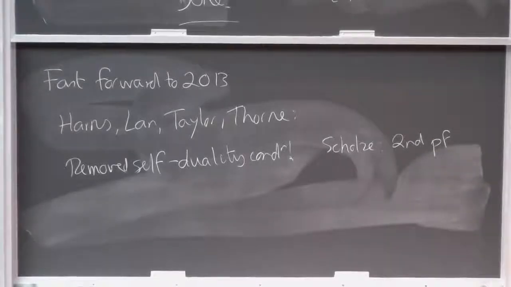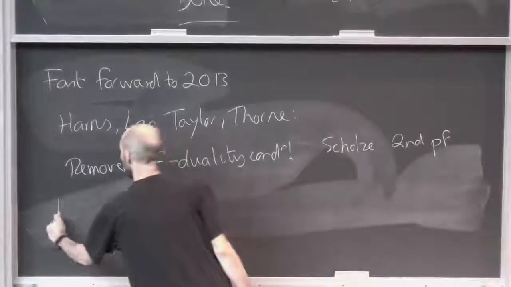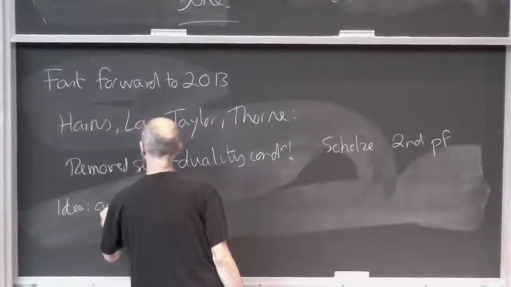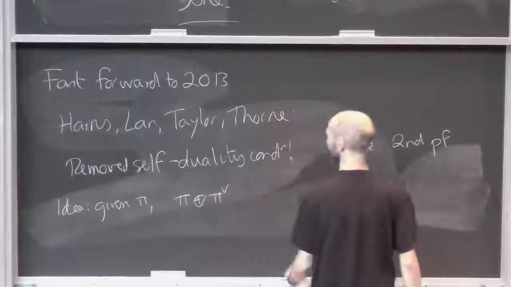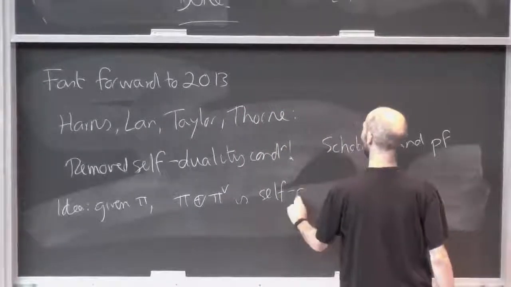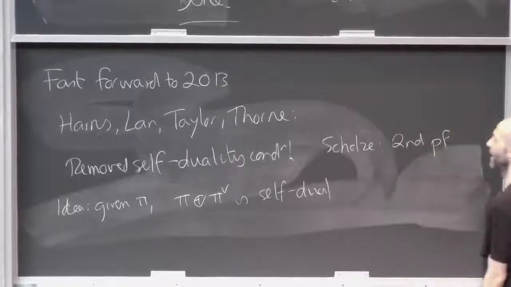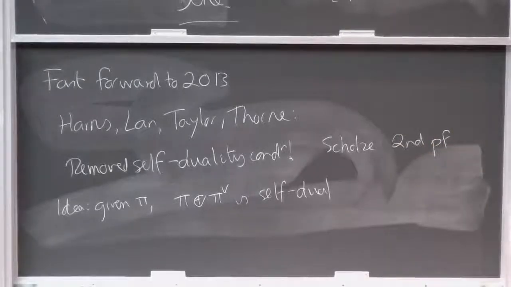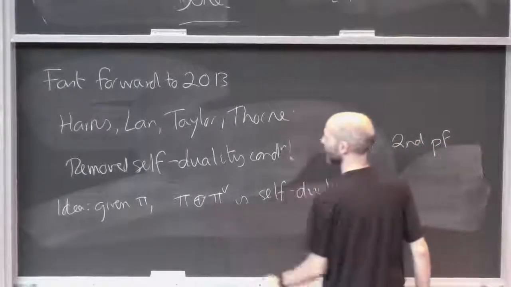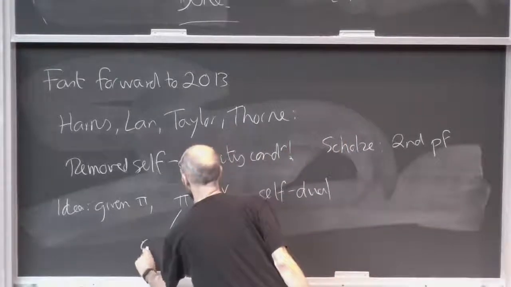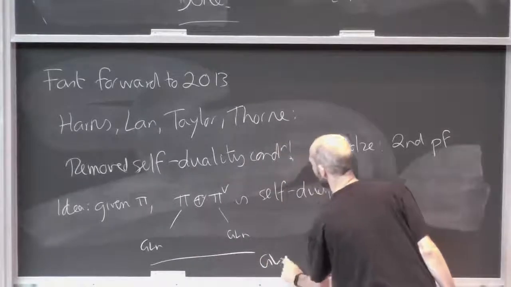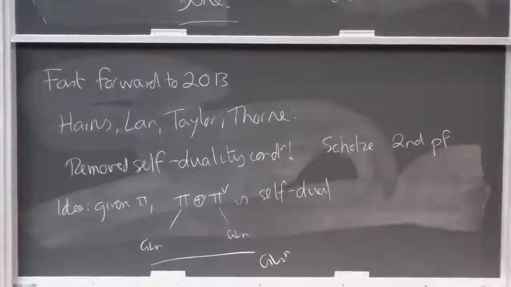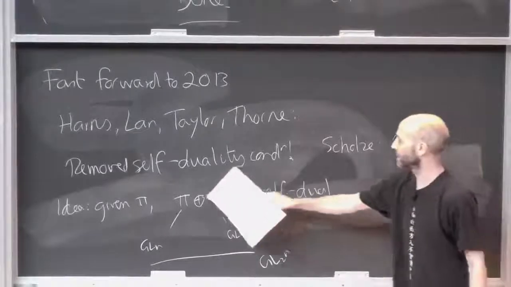So how did they remove that self-duality? Again, the idea is really easy, right? So here's the idea. Given pi, we somehow just do pi plus its dual, which is now self-dual. By plus, I mean some slightly complicated thing. This is a representation of GL_n, and this is a representation of GL_n, and this is a representation of GL_2n of some adelic group. So this addition is some slightly subtle thing.